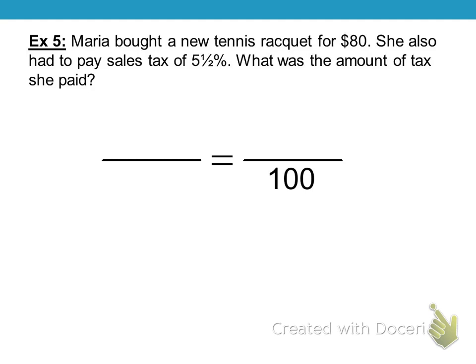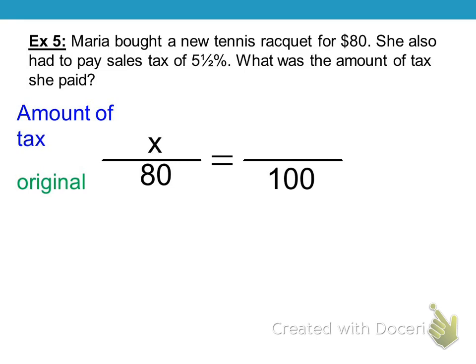So, original goes on the bottom. That's the 80. We're looking for the amount of tax she paid, so I'm going to put the amount of tax up top. What was the amount of tax she paid? 5.5. Is that the percent of tax she paid?